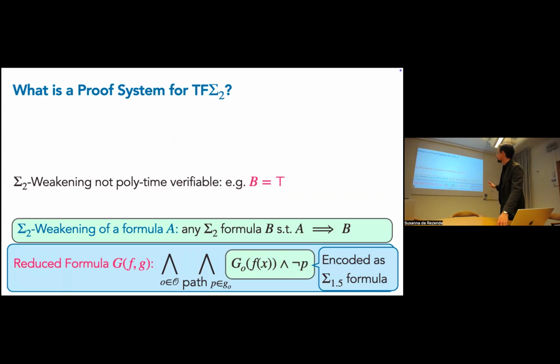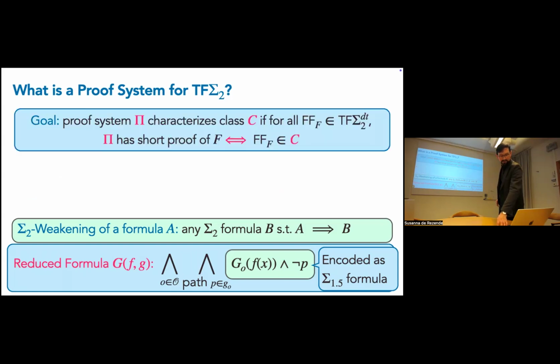Okay, so note that this weakening rule is not polynomial time verifiable because, for example, B could be true. So if you could check that A implies B, or B is true, then this is the same as checking whether a CNF formula is inside, or a DNF is tautological. So this means that you're not going to get a Cook-Reckhow proof system out of this.